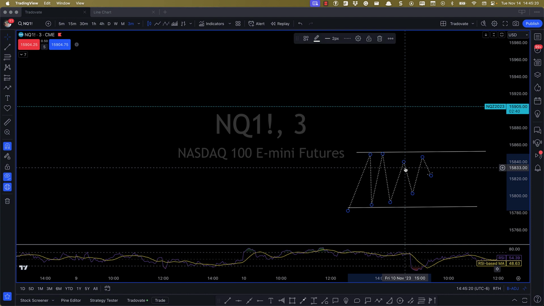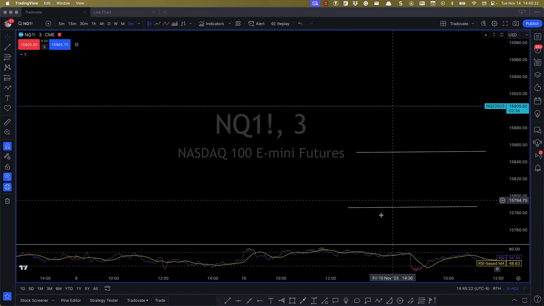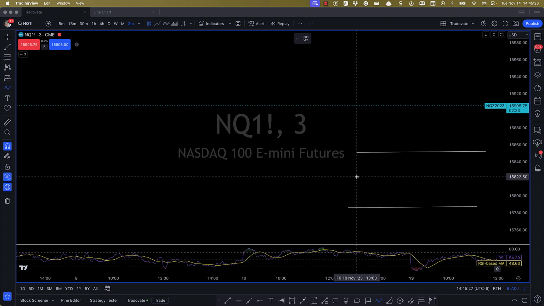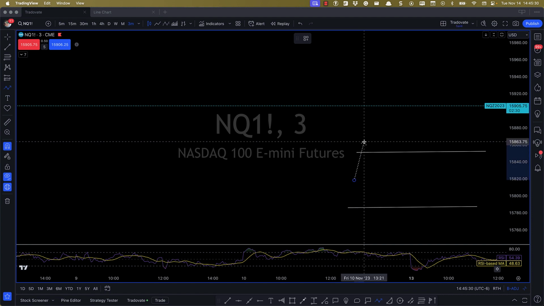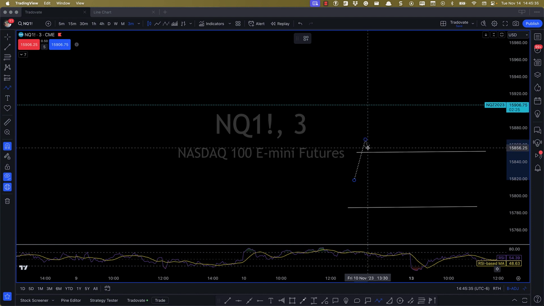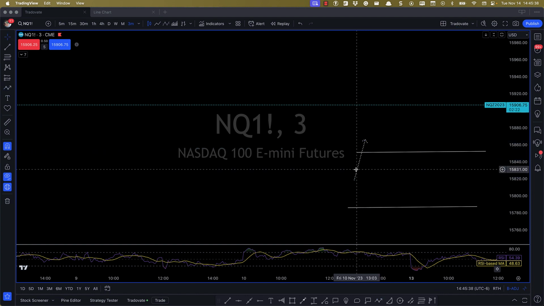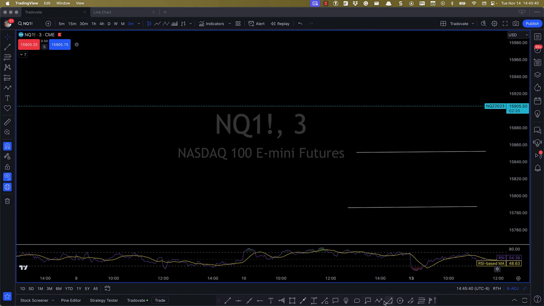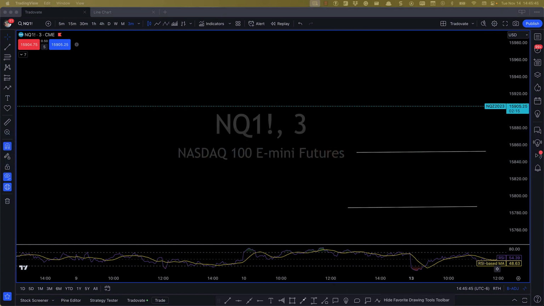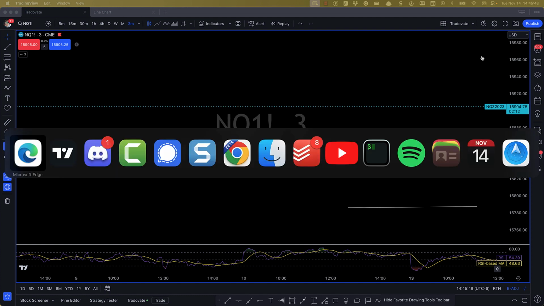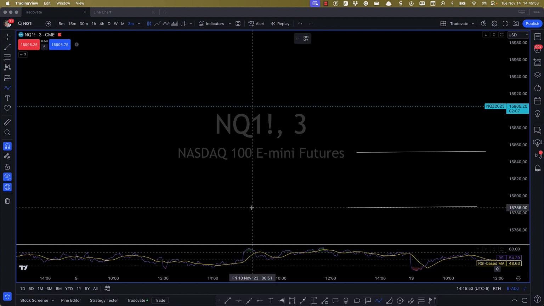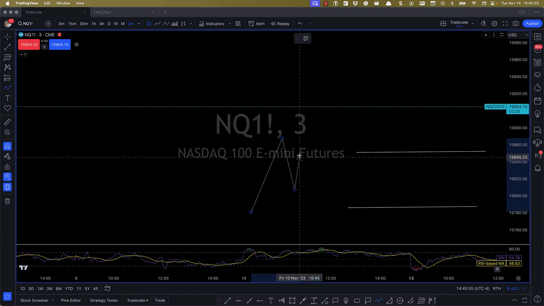A second type of day is a failed breakout, where the market opens somewhere here, and it'll go up outside of this range, and that range could have been from the previous day. Let me do it like this. So let's say the previous day had gone up here like this and down, boom, boom.